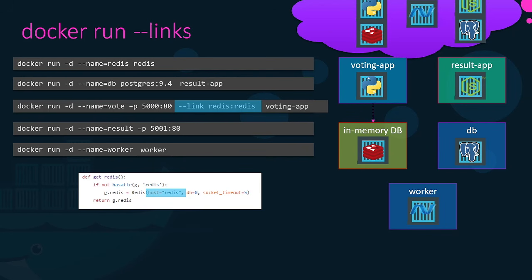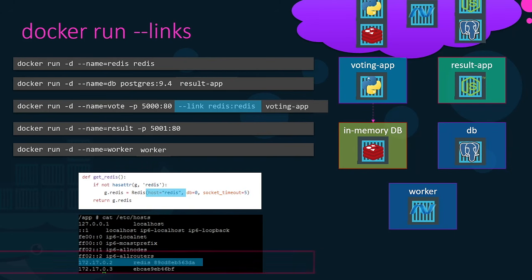Remember that this is why we named the container when we ran it the first time, so we could use its name while creating a link. What this is in fact doing is it creates an entry into the /etc/hosts file on the voting app container, adding an entry with the host named Redis with the internal IP of the Redis container.